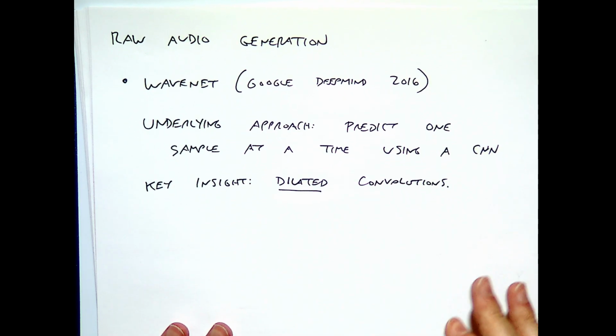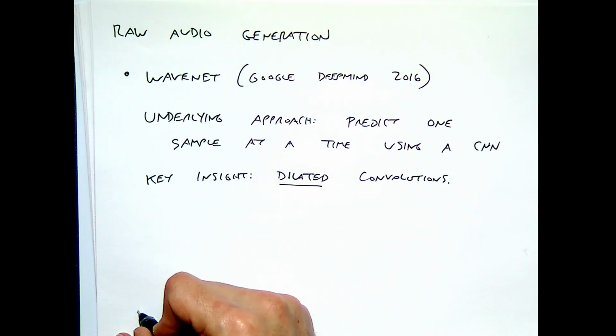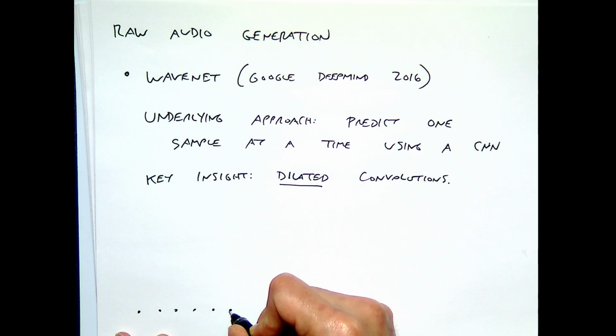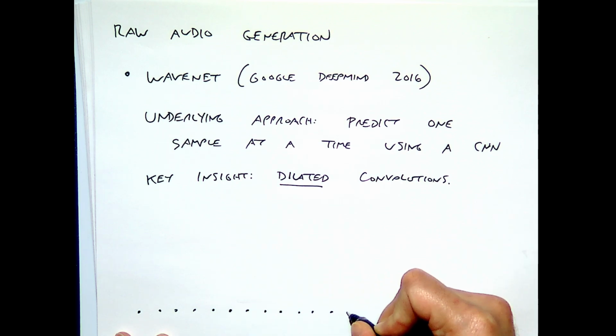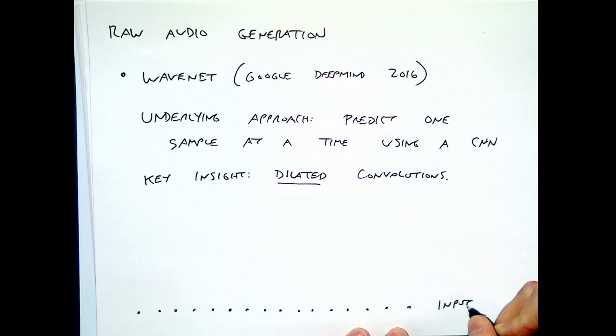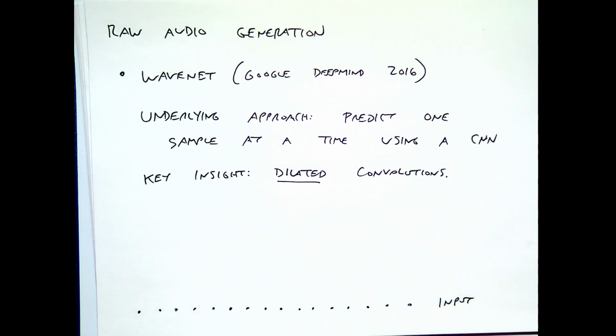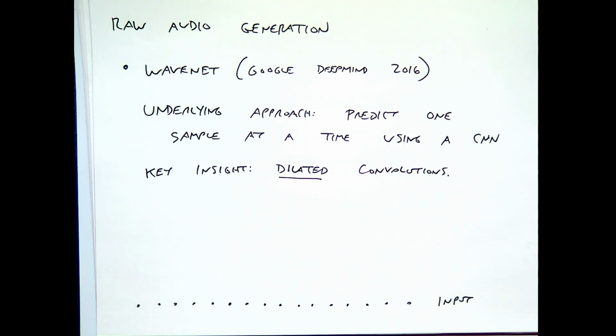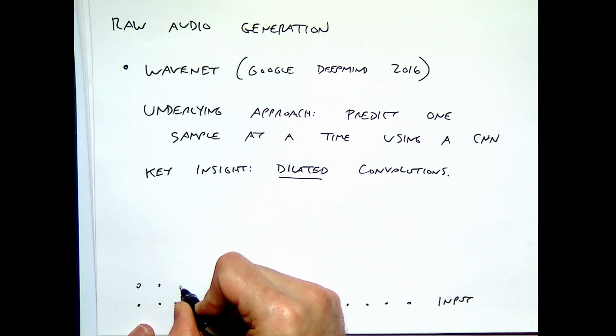So if the idea is that my input is, let's just illustrate, this is my input sequence. And let's suppose, just for illustration, I'm using convolutions of length 2, more or less. What I could do is say, okay, I have a hidden layer above this.